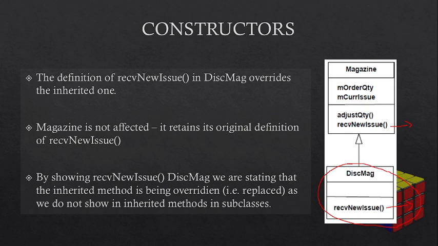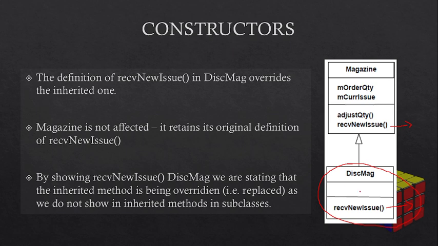So doon nag-define kita dire, this one will behave the same. By showing receive new issue, disk magazine is stating that the inherited method is being overridden, i.e., replaced. But the common term there is overridden, as we do not show the inherited methods in your subclasses.